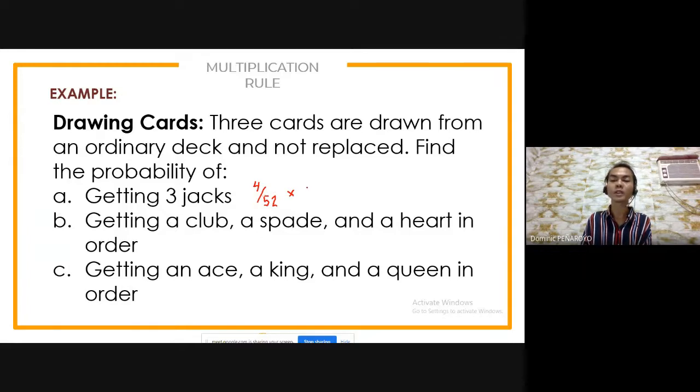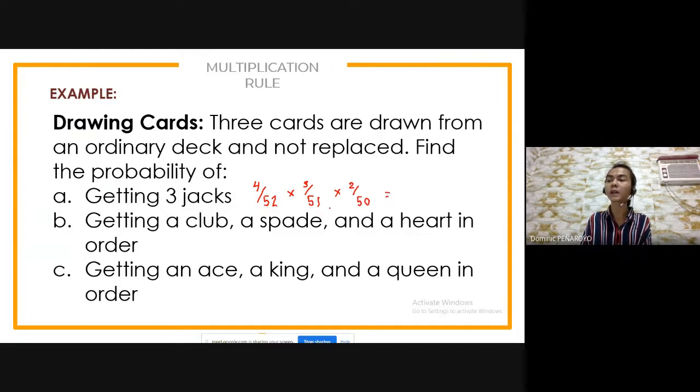So the probability of getting a jack on the second draw is 3 over 51, times the probability again of getting a jack on the third draw. We have 2 over 50.